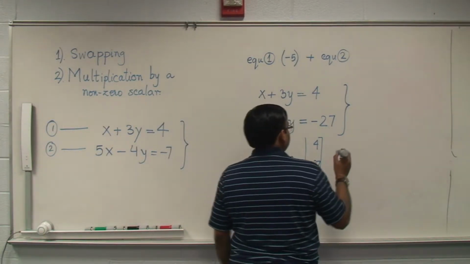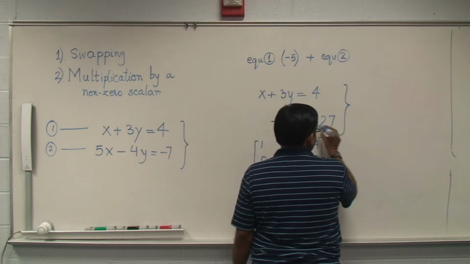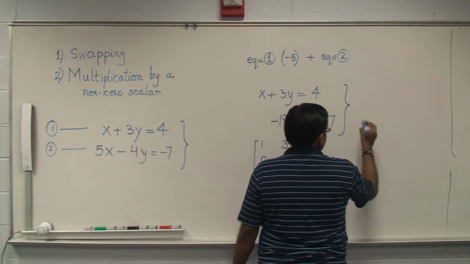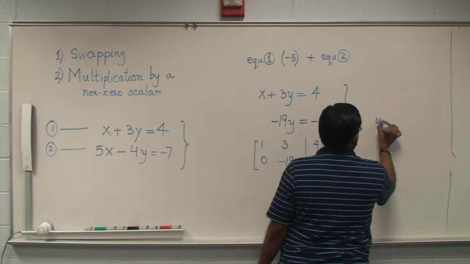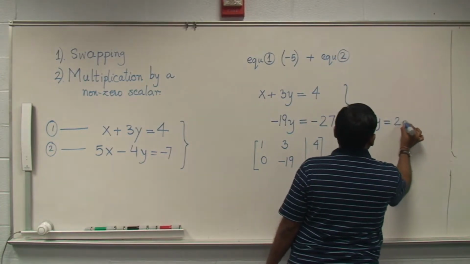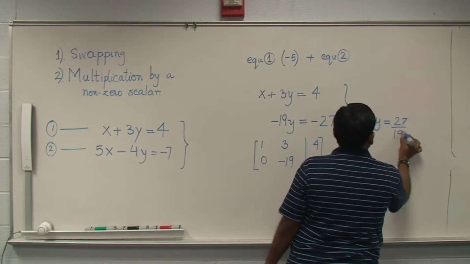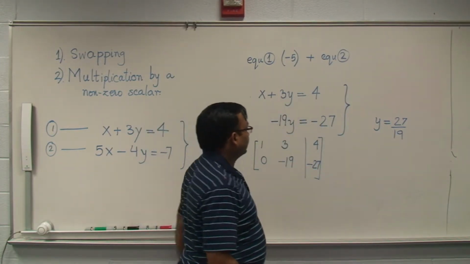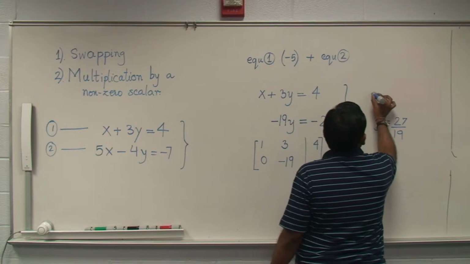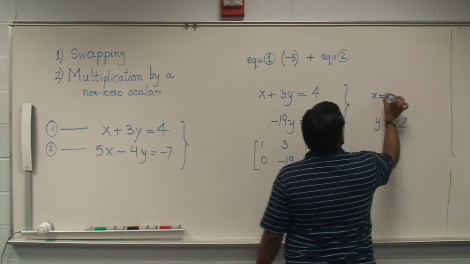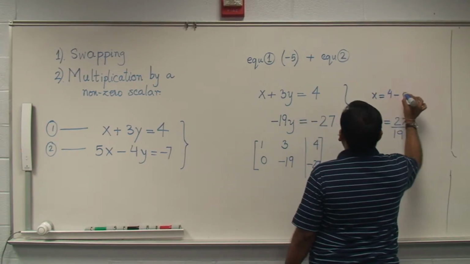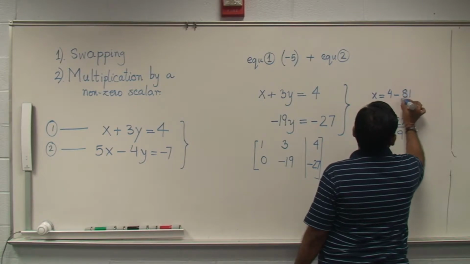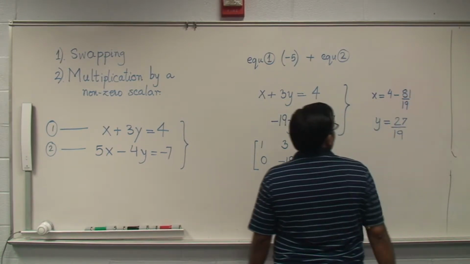Okay. Now, let's not worry about the final picture. Let's first argue that the solution set is going to be the same. What if I solve this? The second equation is so nice, you can directly solve from here as y equal to 27 over 19. And once I have the value of y, I can plug it into the first equation to get the value of x as 4 minus 81 over 19.